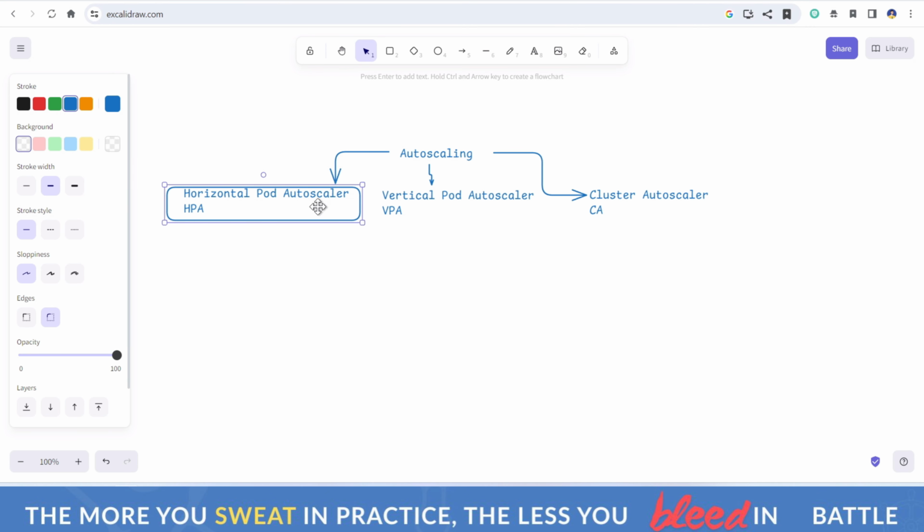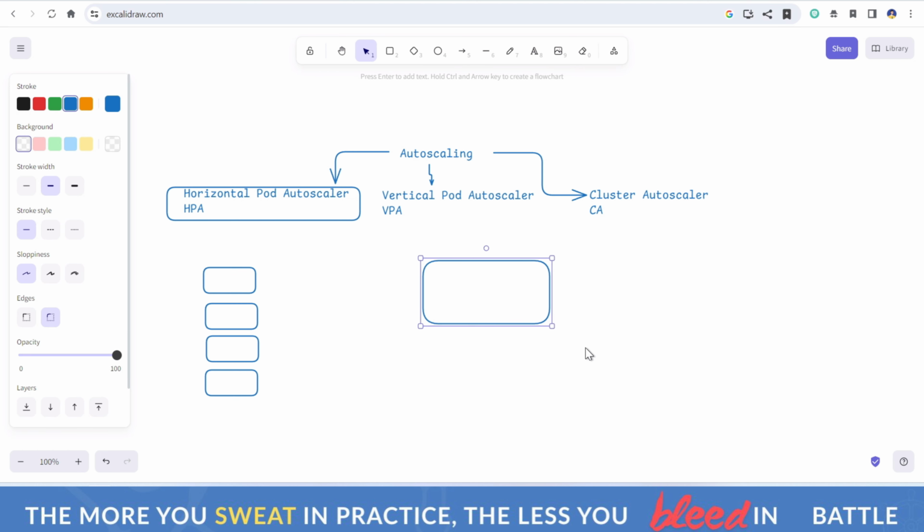So what is a horizontal pod autoscaler? Basically, if the utilization of the pod increases, it adds pods, or it reduces the pods as per the requirement. It is a pod autoscaler. Here, the vertical pod autoscaler will increase the resources of the same pod.